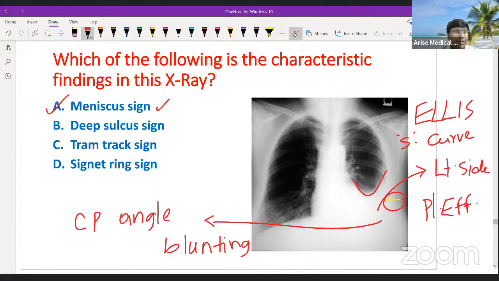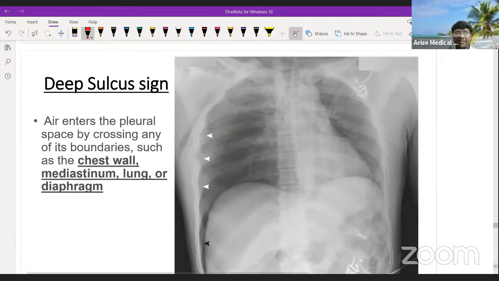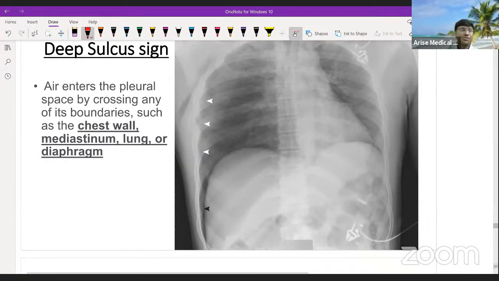Yes, in pleural effusion only you have the meniscus sign. Okay, right. And can anyone tell me where you have the deep sulcus sign? Very good, Lokesh Kumar and Rizwan have answered it. Excellent. This is your deep sulcus sign. You can see that here on the right side. Okay.